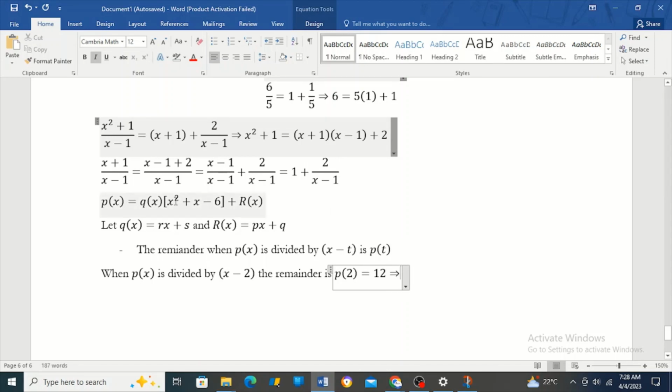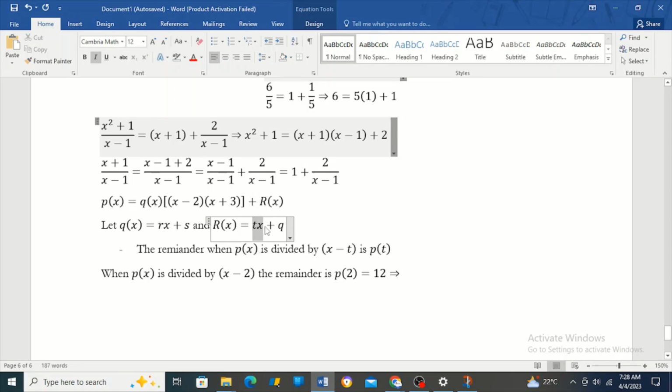Now what is p of 2? You notice that this guy here can be written as x minus 2 times x plus 3. Okay, now if you replace x to be 2, we are going to see that all of this term is going to be 0 because we have 2 minus 2. You're just going to be left with r of x. And what is r of x? Sorry, let's not put p, let's put something else, maybe tx. Okay, now what is r of x?